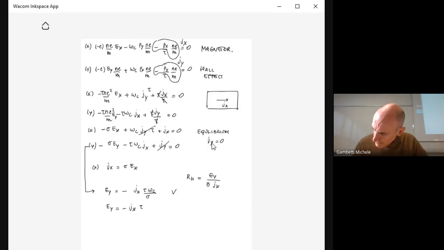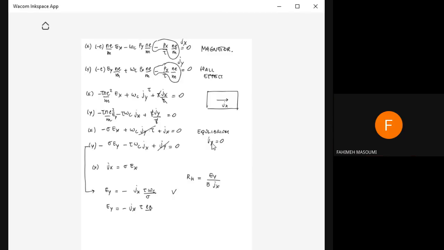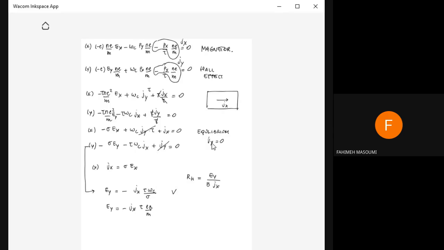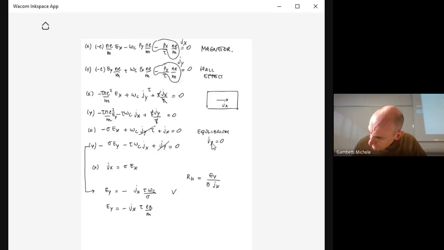So we have the relaxation time. Then omega c is eB divided by the mass. And then the conductivity is electronic density times e squared times relaxation time divided by the electronic mass.